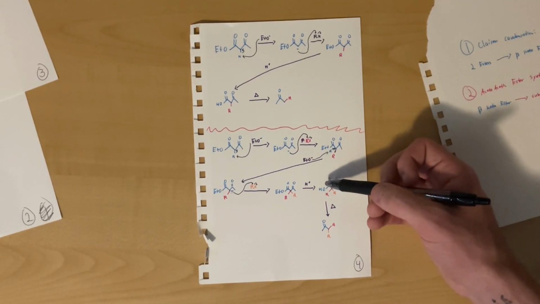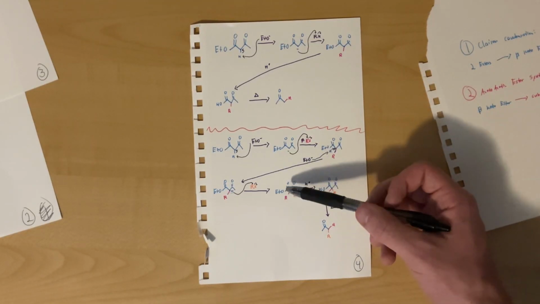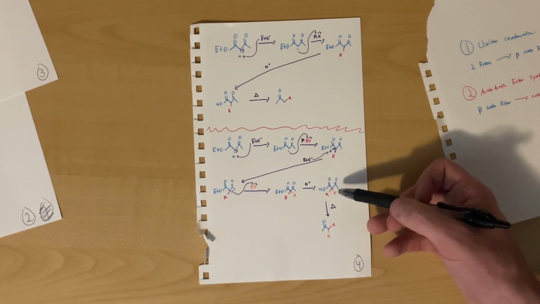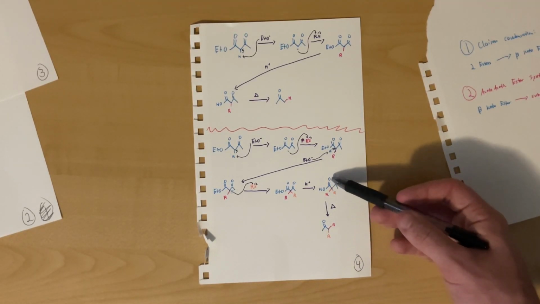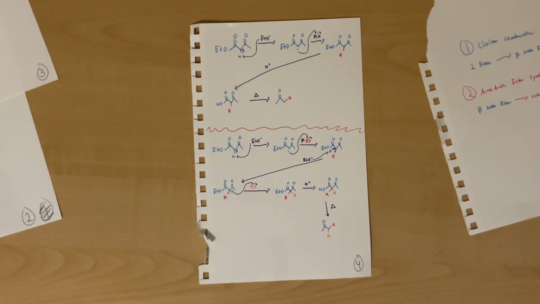So you protonate the ethyl ester, the ethyl oxygen portion, and then you heat it so that you have decarboxylation, so you remove the carboxylic acid. And so yeah, that's it.